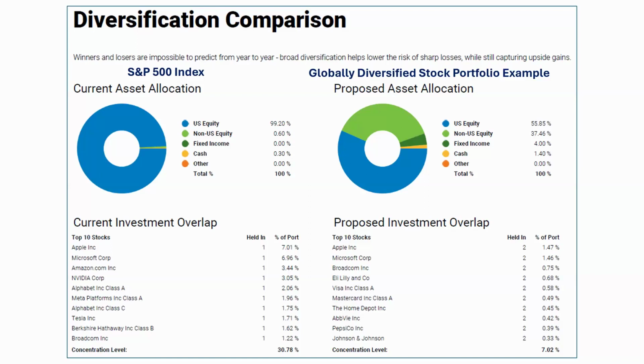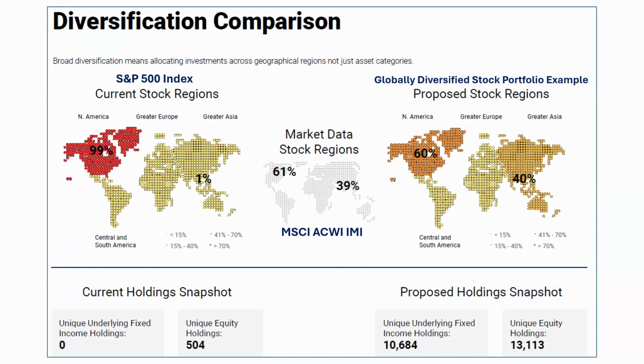And I'm not saying they're not great stocks. Of course they are. But this doesn't really pass the diversification test. This is actually more of a concentration exercise. On the right, you have an example of what a globally diversified stock portfolio would look like, where you don't have nearly as much concentration in the top 10 stocks, even though they're all there, right? The same names are there, the same great companies are there, but we just can't afford to concentrate that much risk in 10 stocks.